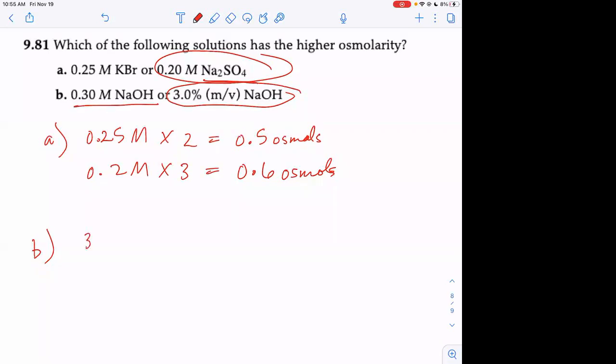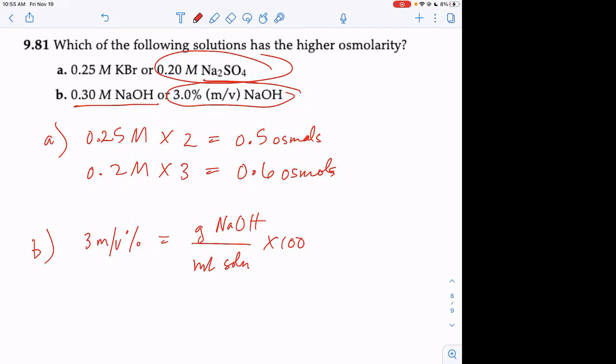Okay, so 3% mass volume equals grams of NaOH over milliliters of solution, times 100. This is hard because you just kind of have to assume a certain number. If I had 100 milliliters, how many grams would give me 3%?